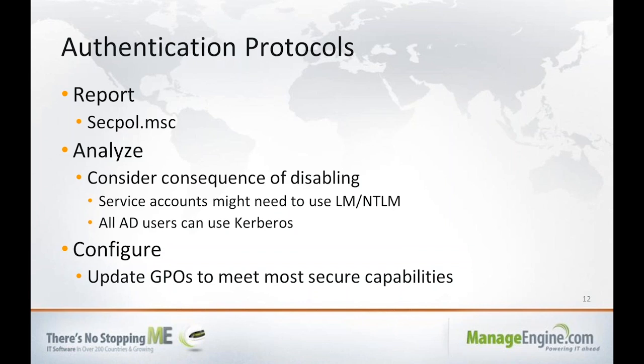You first of all have to update that service to not use LAN Manager or NTLM. Okay? It's a very important point here. You cannot just disable LAN Manager and NTLM. It will break that service from running if the service account needs it. That's why you have to do the analysis.